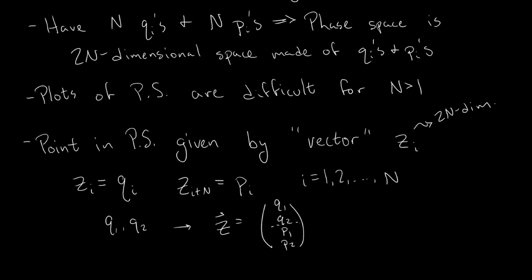Now, I put vector in quotes. This is actually somewhat of a subtle point, but it's important to mention, I think. This isn't a real vector, because the q's and the p's transform differently.